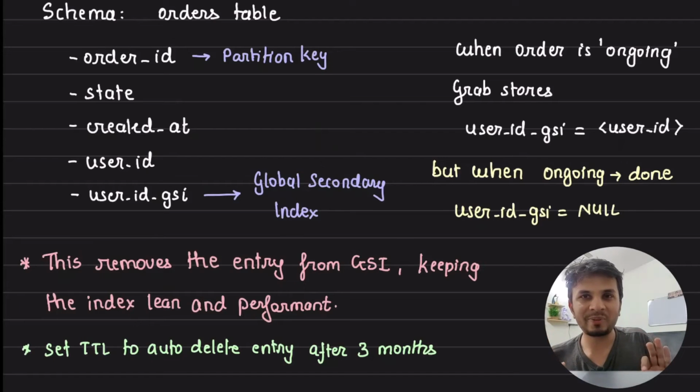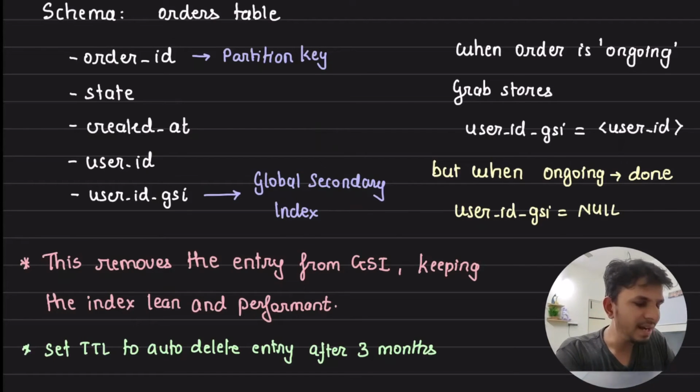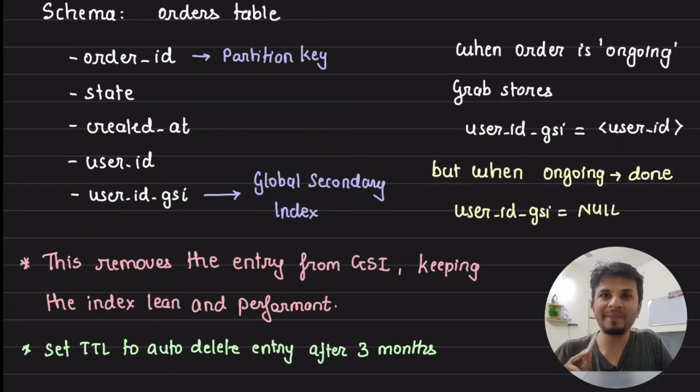So what they do is they created this key user ID underscore GSI. They didn't create an index on user ID. They added a new attribute called user_ID_GSI and they created a global secondary index on this attribute, right? Now when an order is created and it goes into an ongoing state, by default, the first state is ongoing state, it sets user_ID_GSI equal to user ID.